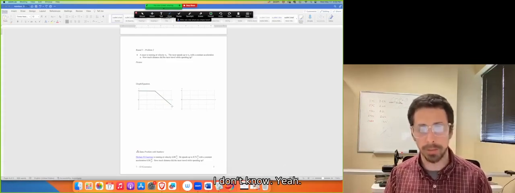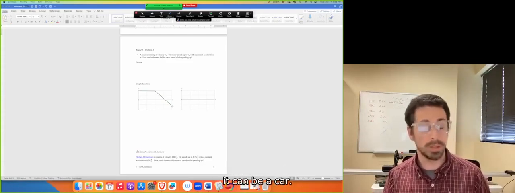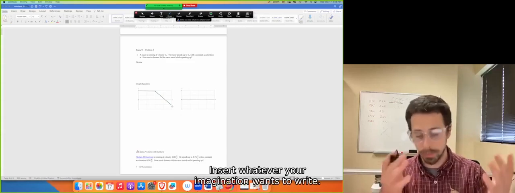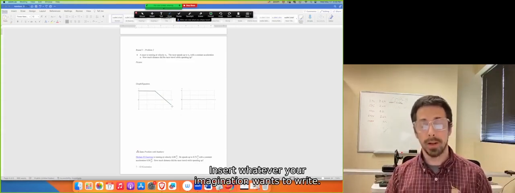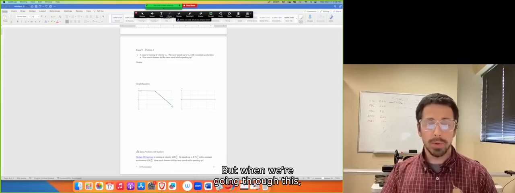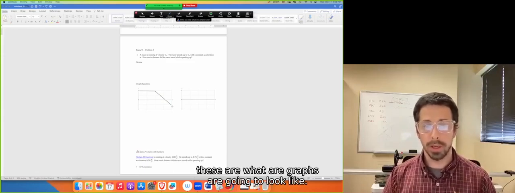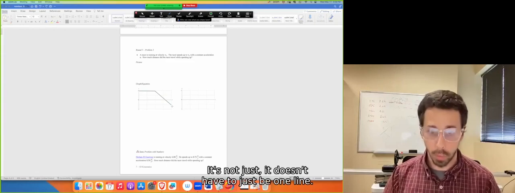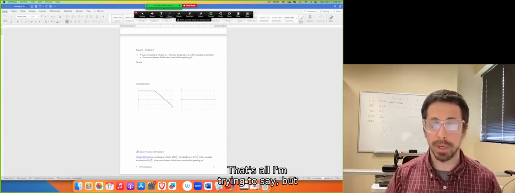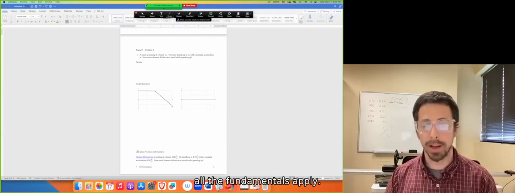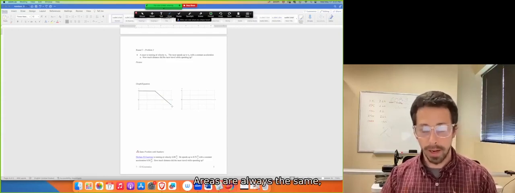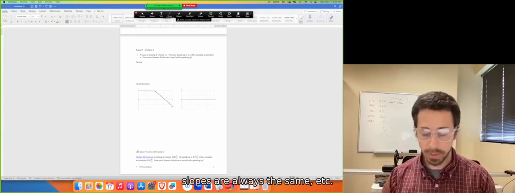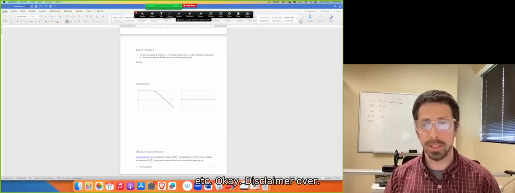It could be a dolphin. It could be a car. Insert whatever your imagination wants to. But when we're going through this, these are what our graphs are going to look like. It doesn't have to just be one line. That's all I'm trying to say. But all the fundamentals apply. Areas are always the same. Slopes are always the same, etc.